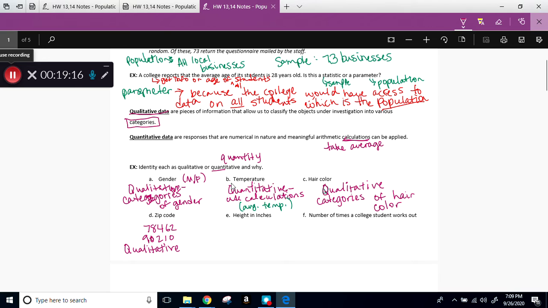You can take their heights, and you can take an average of that. So it's quantitative. I apologize, I don't write very well with this. Since it's a calculation of height, and being able to do an average of it is a real big clue.